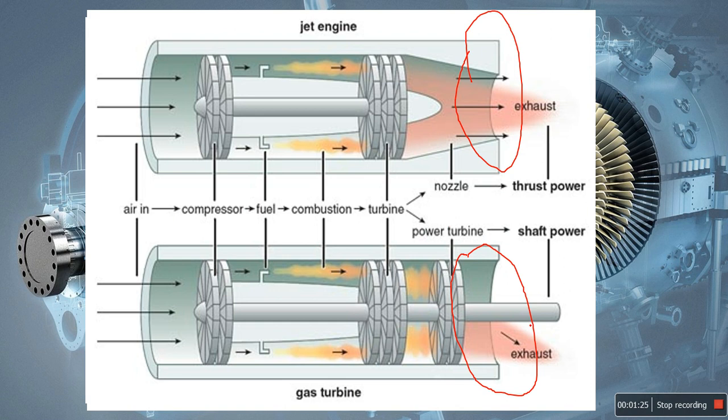In a gas turbine we mostly produce rotary power, that is mechanical power, available in the form of a rotating shaft. That is the main purpose of the gas turbine. They are almost always utilized in power plants, to generate grid electricity, or to produce mechanical power. That is the main role of the gas turbine.